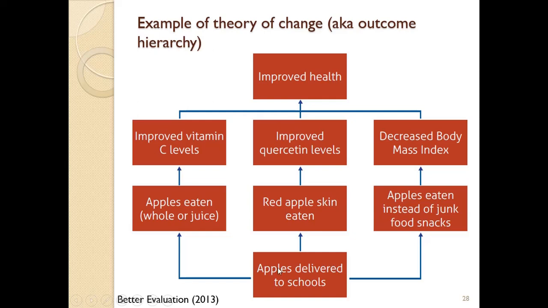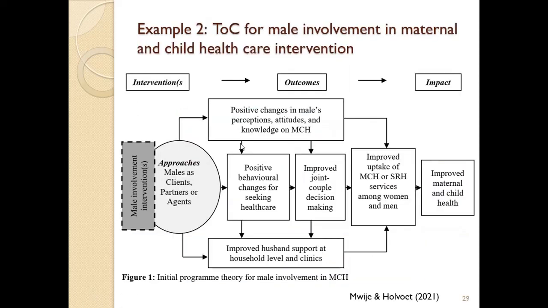So you have your activities and inputs, your outputs, your outcomes, and then your overall goal. That's a chain of results, theory of change, and that's how you can anticipate it. But of course, assuming that other factors are held constant.